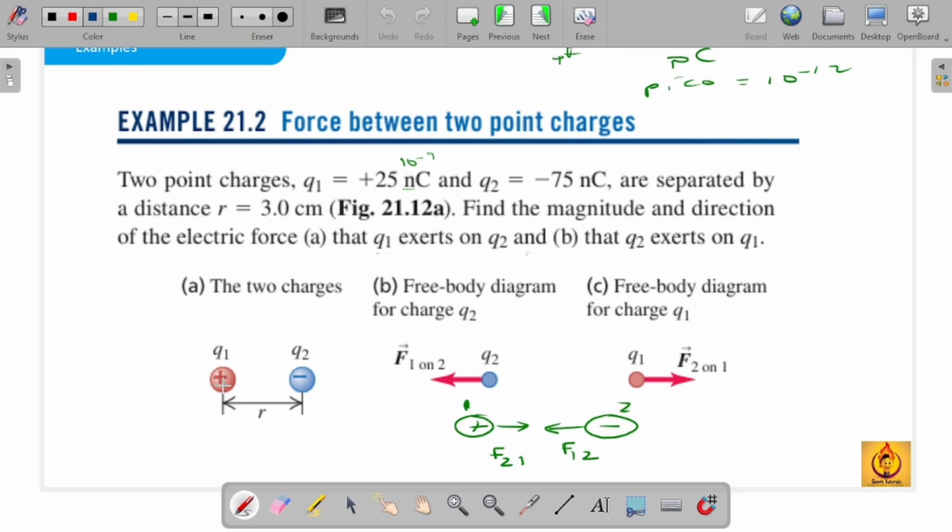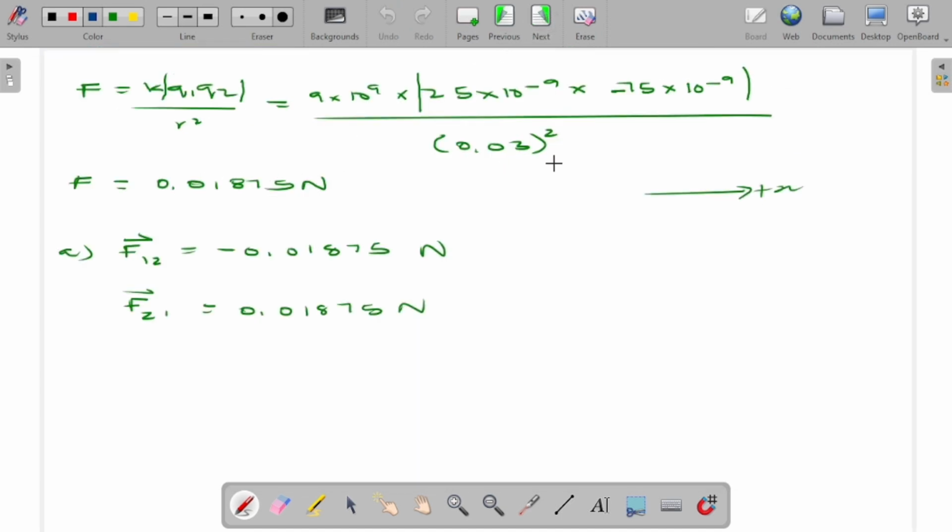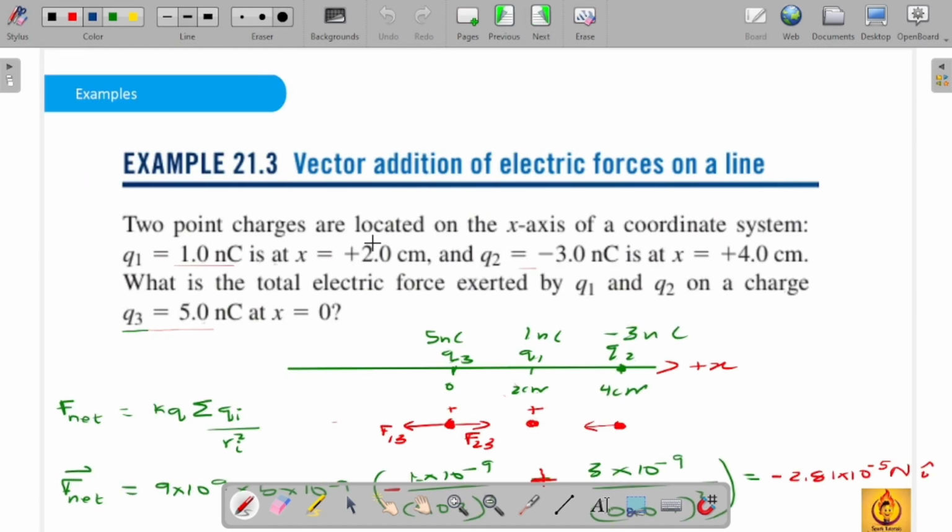Between these two, charge 2 is attracting charge 1, and that force, because it is towards the positive x direction, we will call it positive, and then F1 is also pulling F2 towards it. So this is F1 pulling 2, this is F2 pulling 1. I hope that is clear. So this is the magnitude we found.